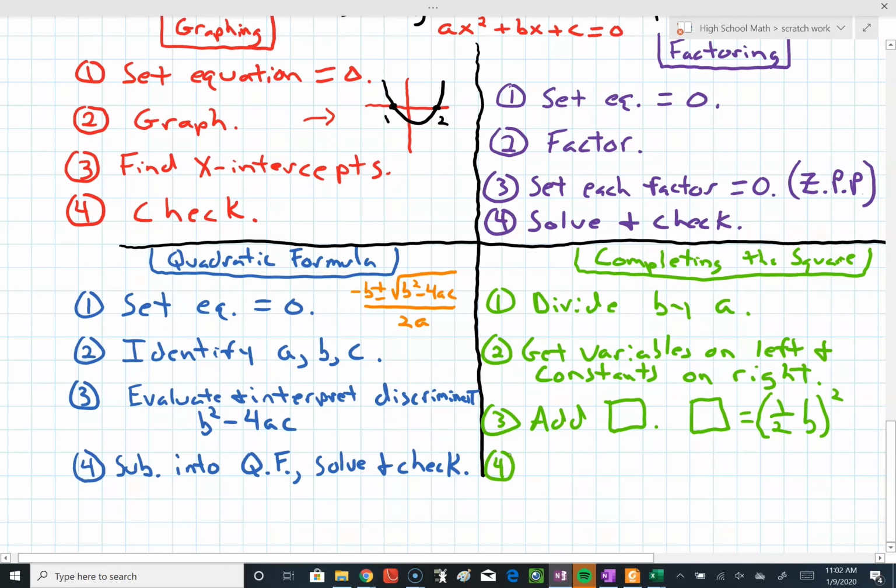We're going to write the left-hand side as one binomial squared.